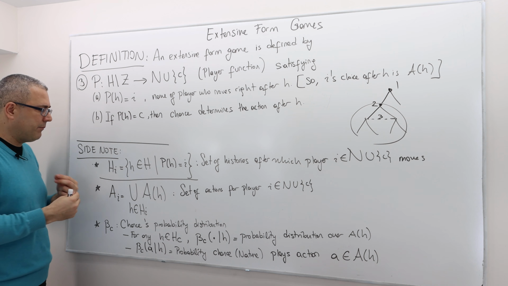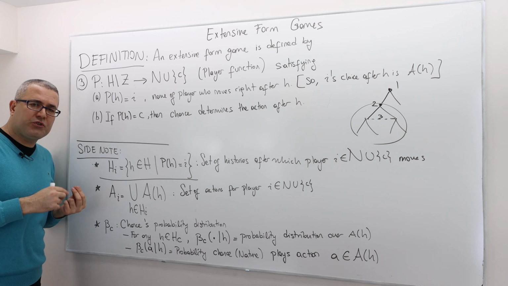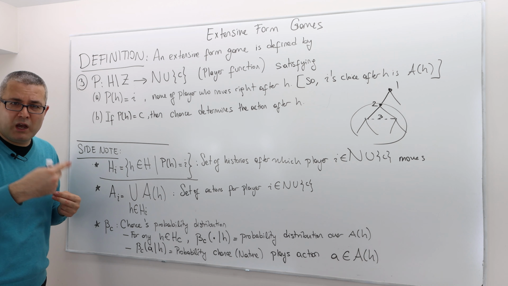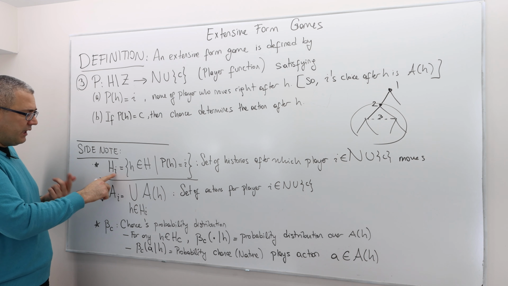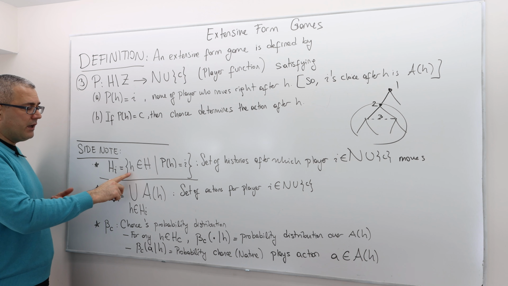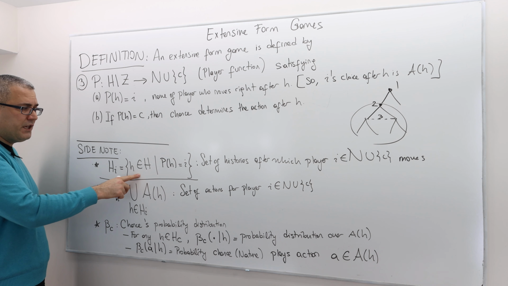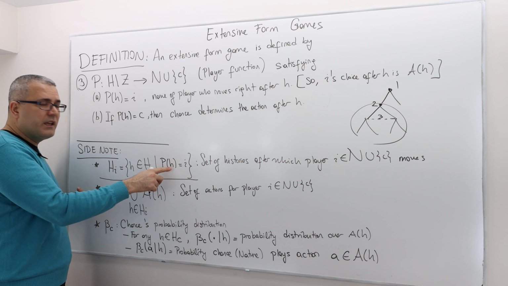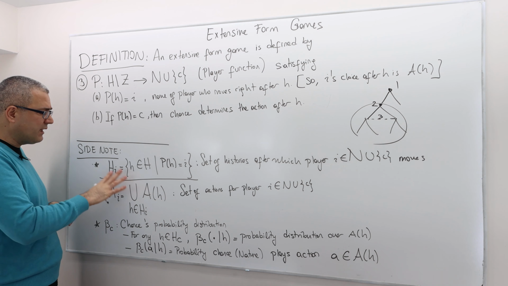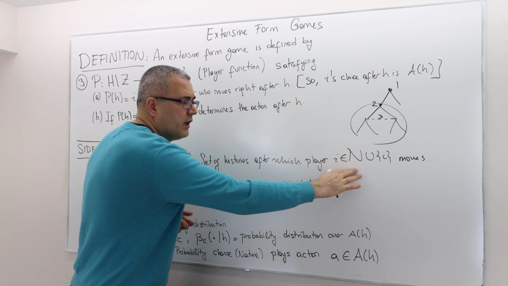What does that mean? That means, what are the histories of this game where player i makes a move right after that history? It's denoted by H sub i. So what is H sub i? It's the set of histories where player i is going to make the move right after H. That's it.